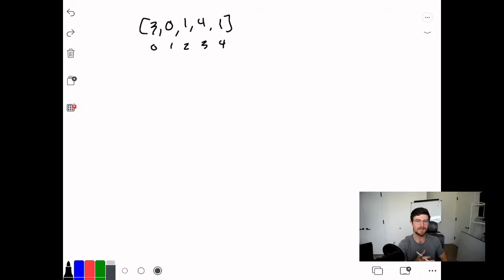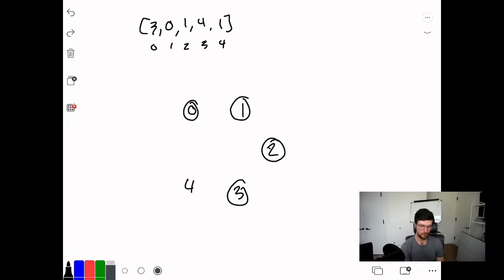We have the employees and we have who they are connected to. When we think about it in that way, we can start to draw this out as a graph. So let's draw out our data points first: 0, 1, 2, 3, 4. And then the edges of the graph become those connections.